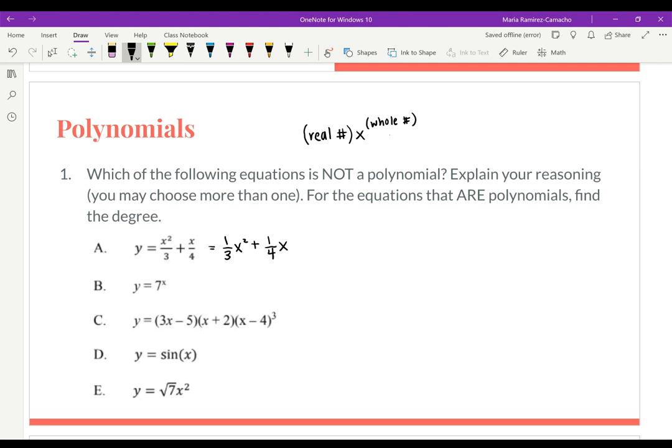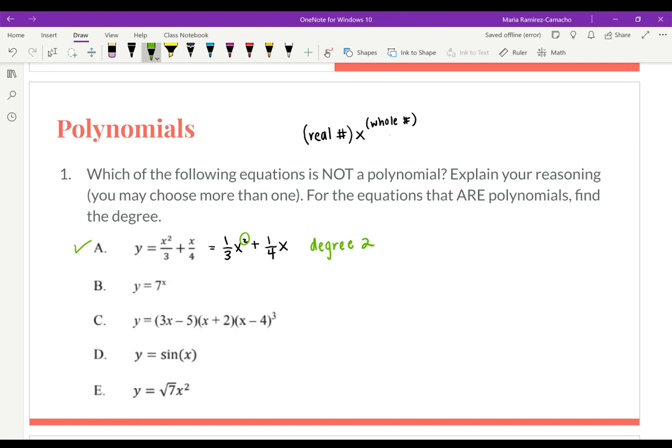And in both of these terms, the 1/3 x squared and the 1/4 x, we're multiplying some real number times x to the power of some whole number. So A is a polynomial, and it would have degree 2. The degree is just the biggest power of x.